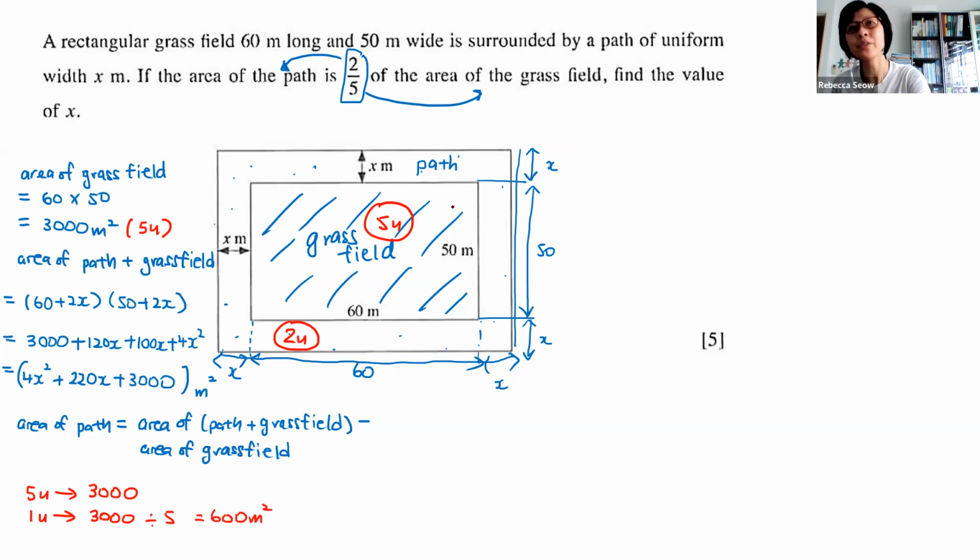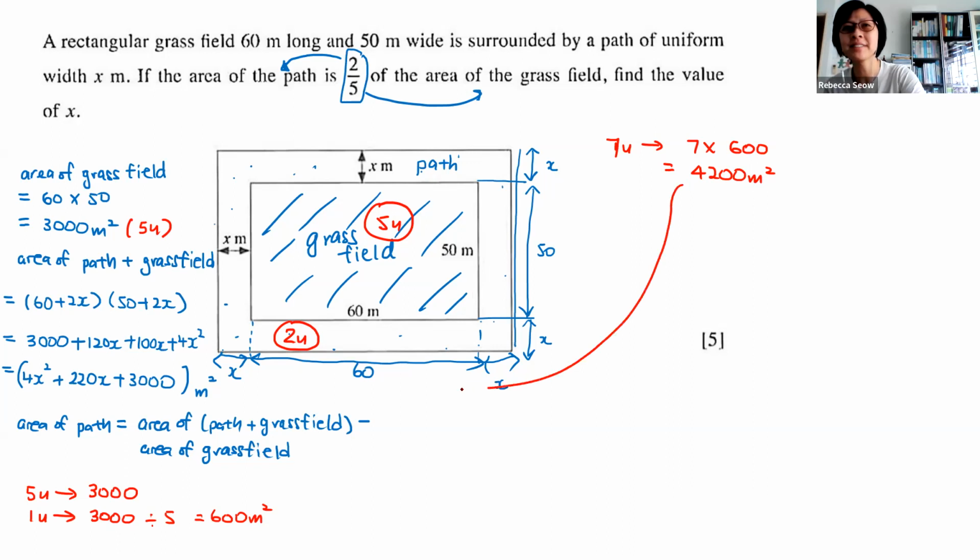Now, from 1 unit being 600, can we now find what 7 units is? That will give you the area of path plus grass field. Now, this is area of path plus grass field, which is this.